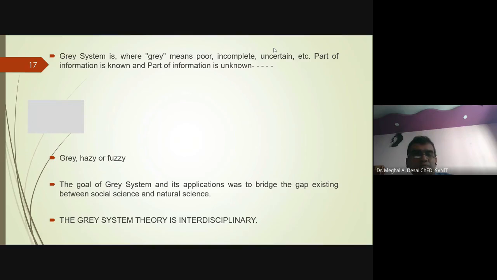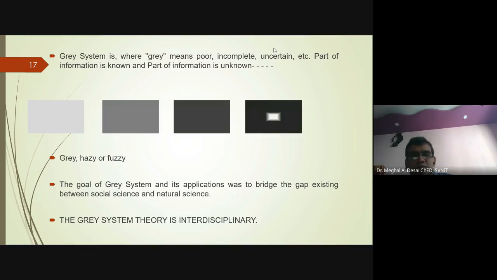But what part? So even gray has various shades. So are you talking about this gray or this gray? If you are talking about this gray, that means you know much about the system, and whatever outcome you are going to extract is reasonable.